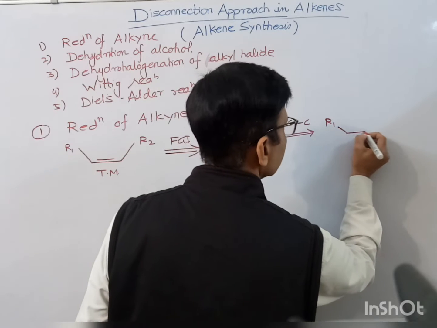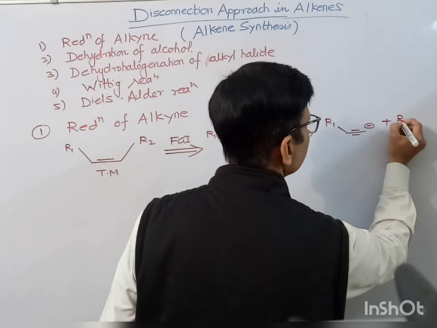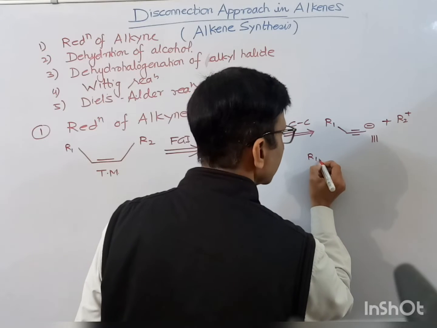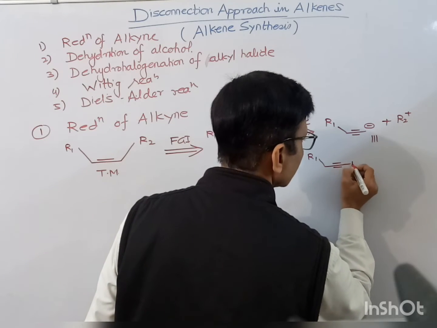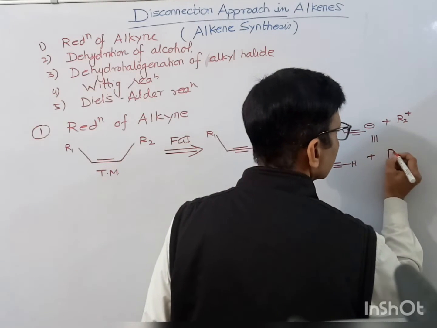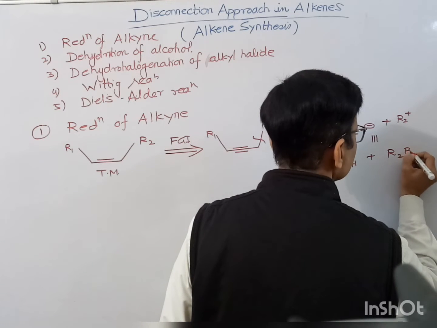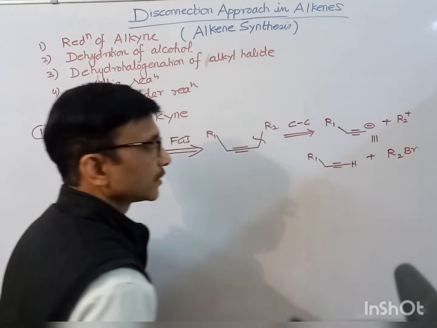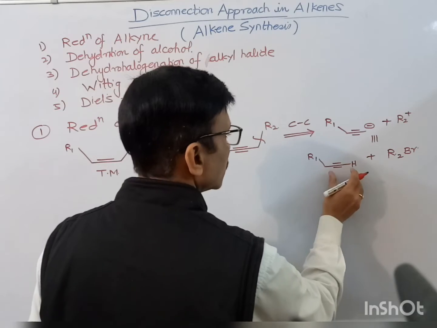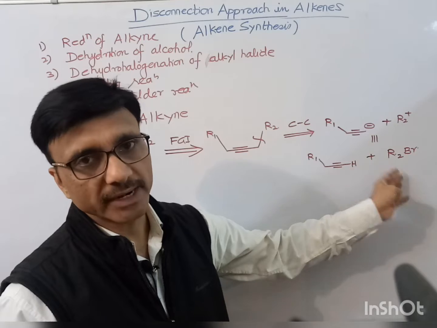You will have the synthon, and corresponding to this synthon you will write the synthetic equivalent, and now these are the two synthetic equivalents. Now you can write the synthesis.